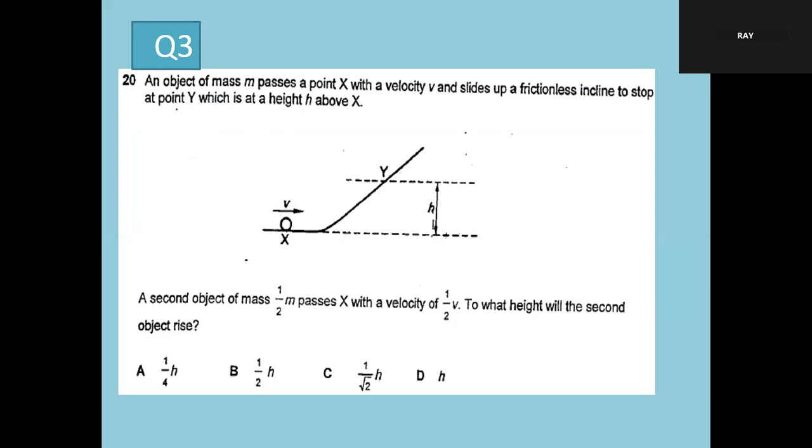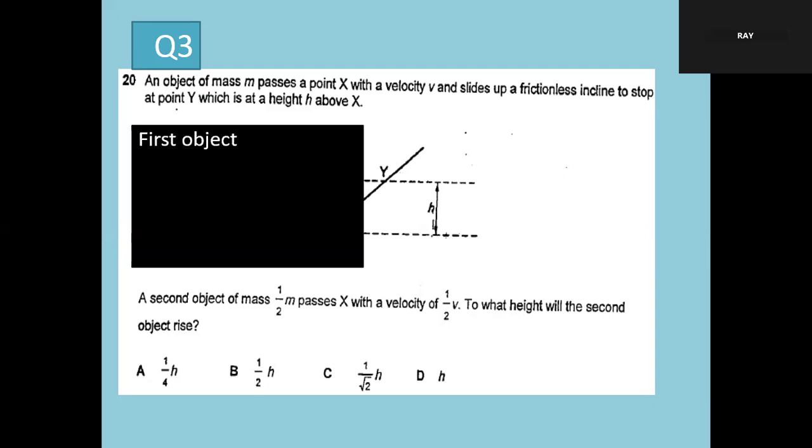What about this one? The loss in kinetic energy is the gain in potential energy. Right? M can cancel off. You get this formula.